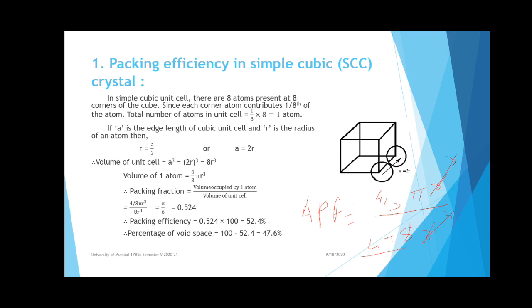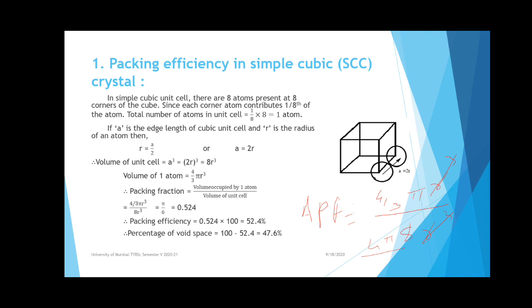So you should know some values: edge length of that simple cubic crystal A is equal to 2r, or r is equal to A upon 2, and volume of unit cell A cube is equal to (2r) cube, which is 8r cube. Volume of one atom is 4 by 3 pi r cube.